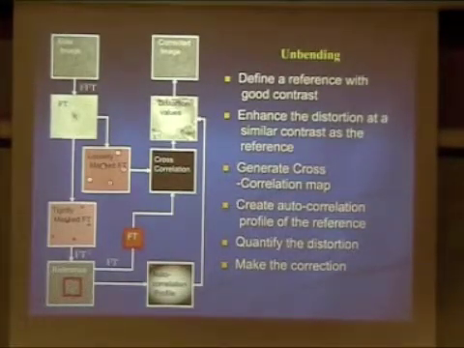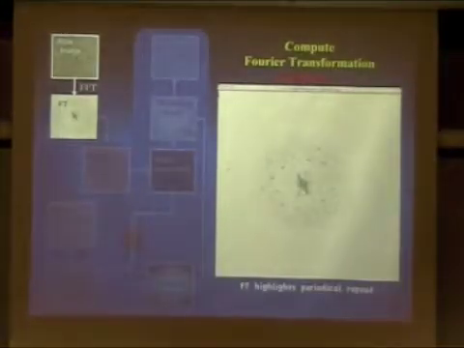Then you do a cross correlation between them. Then you use autocorrelation to create the profile of the reference in order to search on your cross correlation map. Once you quantify that distortion, then you can make the correction.